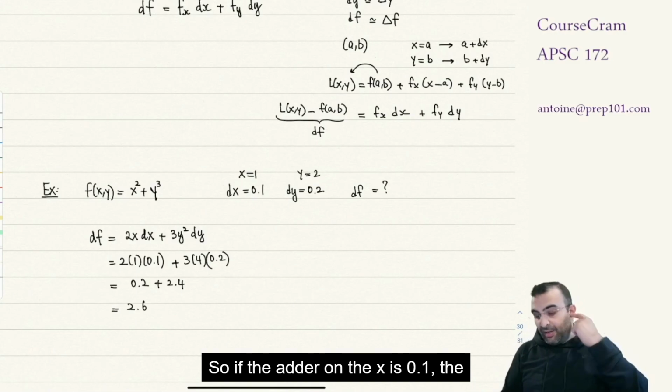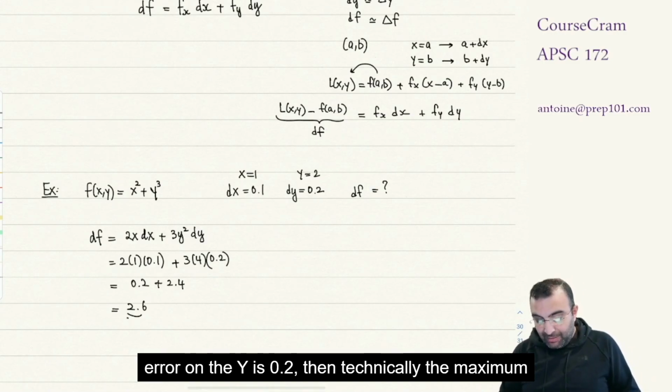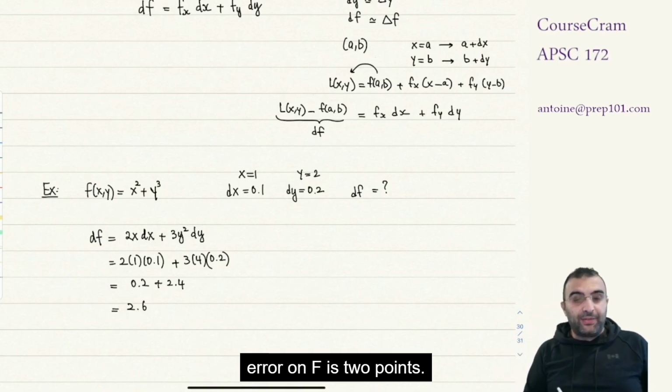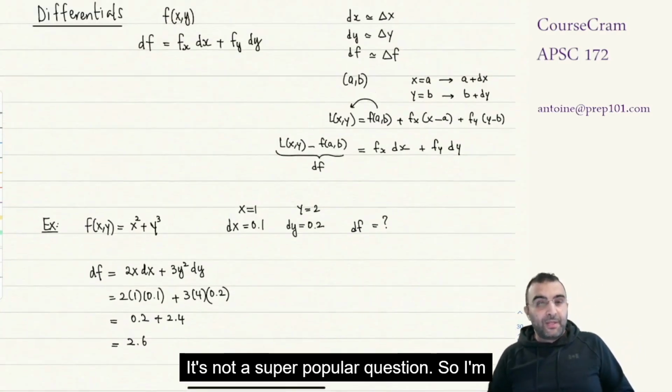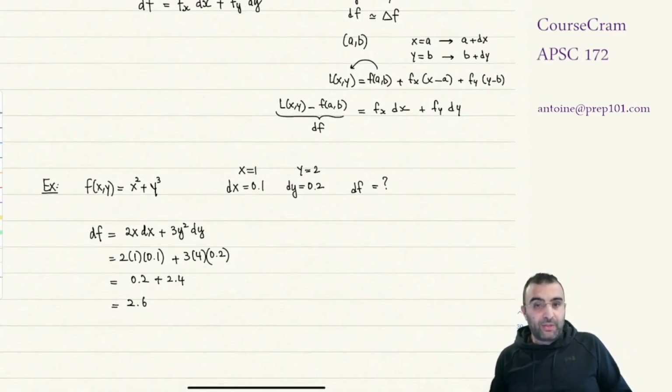So if the error on x is 0.1 and the error on y is 0.2, then technically the maximum error on f is 2.6. It's not a super popular question, so I'm only dedicating this much to differentials.